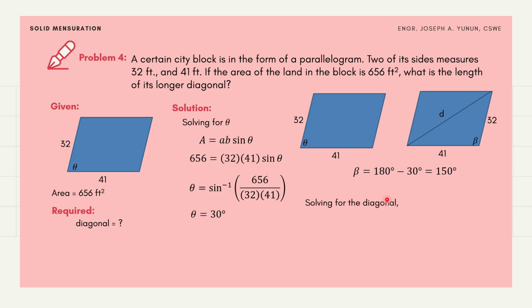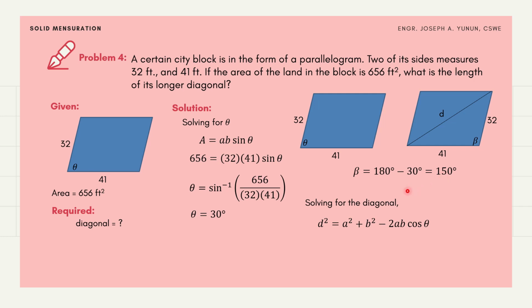Now, solving for the diagonal using the formula for the diagonal of a parallelogram, which is derived from the law of cosines. The diagonal is this one, unknown, and the opposite angle is beta. A is 32, B is 41, then minus 2AB cosine of the angle, which is now 150.